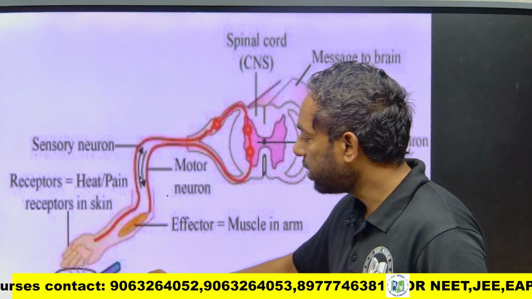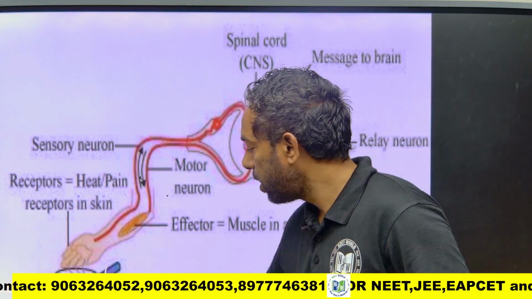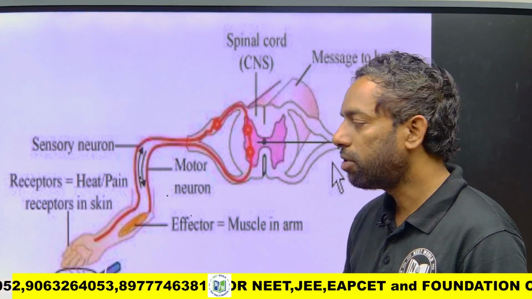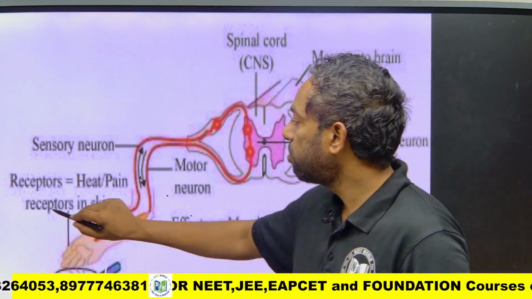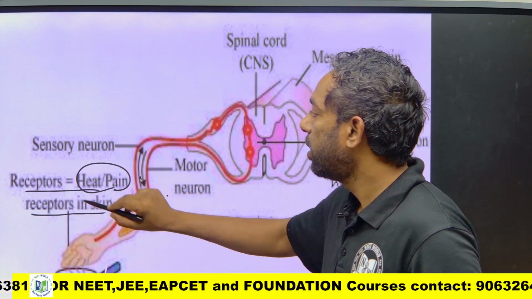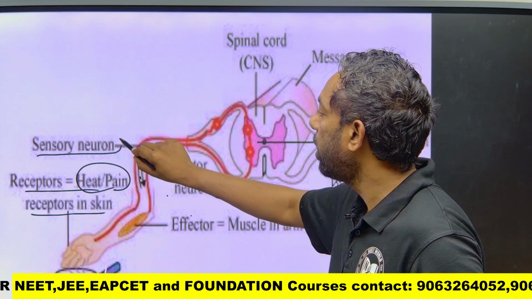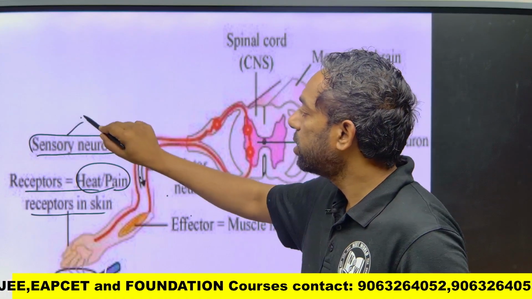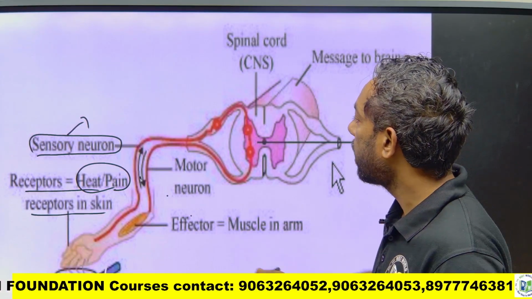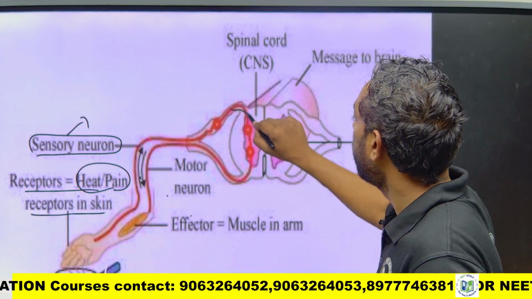If your hand touches warm water, heated water, the receptors of the skin take the heat and pain. These are the sensory signals. They carry the information into the dorsal part.